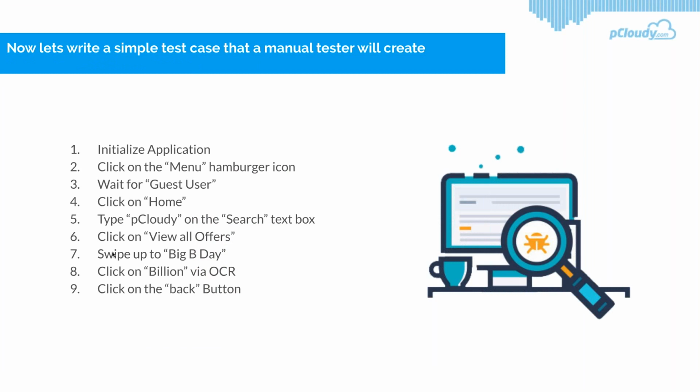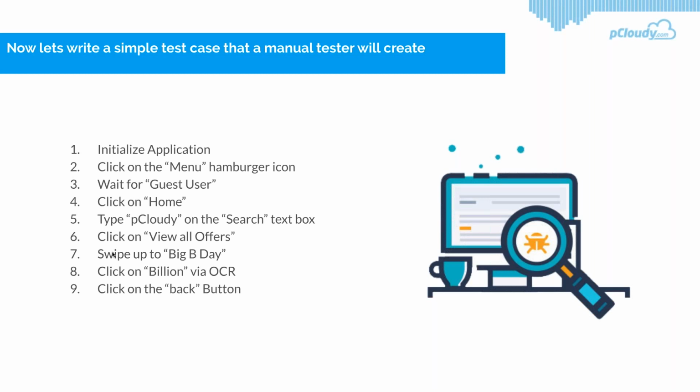The simple test case looks like: initialize application, open application, then click on the menu hamburger button, maybe wait for the guest user if there is no logged in user, then click on the home icon, then maybe if there's a search text box, type pcloudy, maybe click on view all offers, then maybe swipe up to big billion day, then click on billion via OCR, click on back button. So this is what typically a manual tester will create.